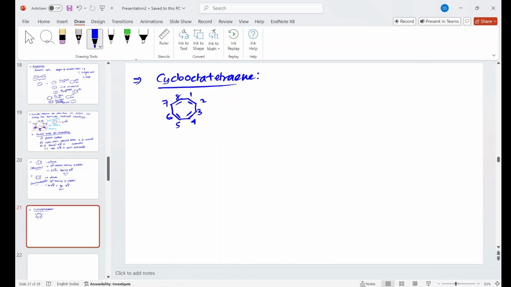How many total electrons? That is 8 pi electrons, and that is 4n if n equals 2. Each atom is sp2 hybridized, so each has a p orbital. So with our general notion, we can think of it being an anti-aromatic system, right?